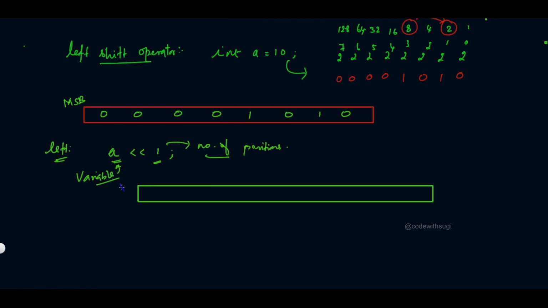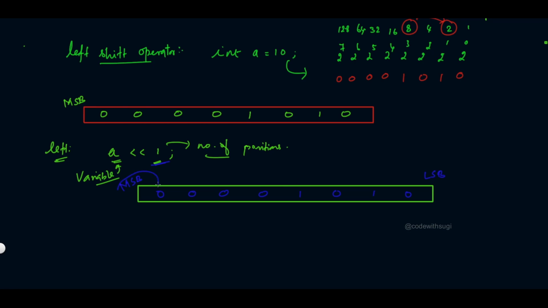We all know this is the most significant bit, this is the least significant bit. So if you are doing left shift, then based on these positions the bits will get shifted to the left. Let's say we have 0, 0, 0, 0, 1, 0, 1, 0, right? Fine. So if we say left shift with one position, then this bit will get one left shift.